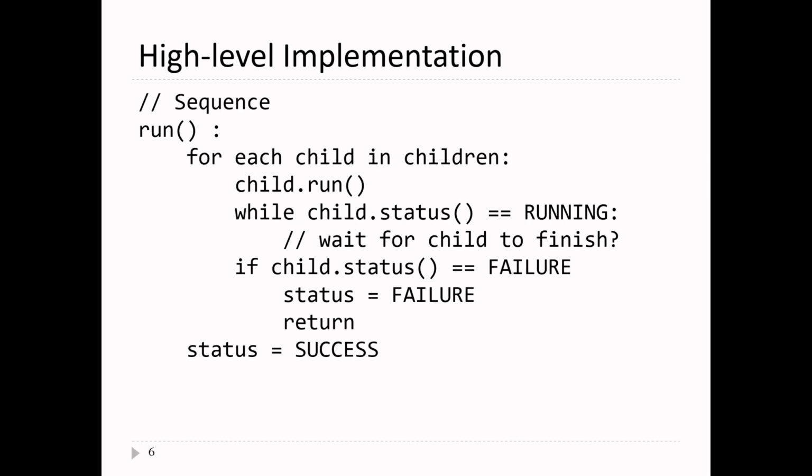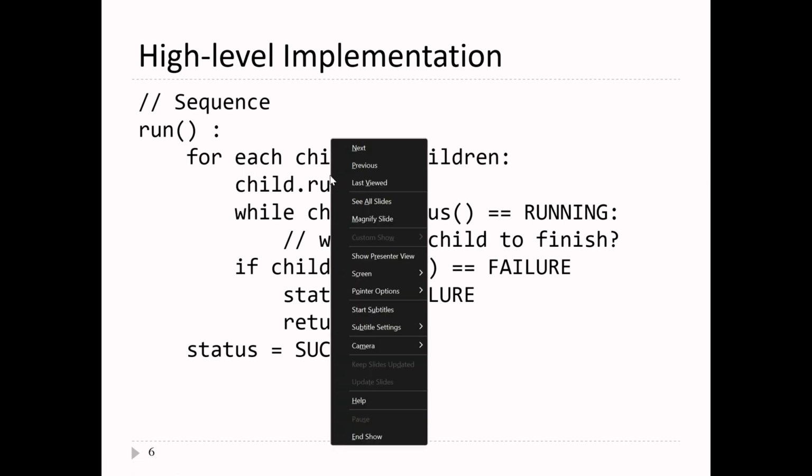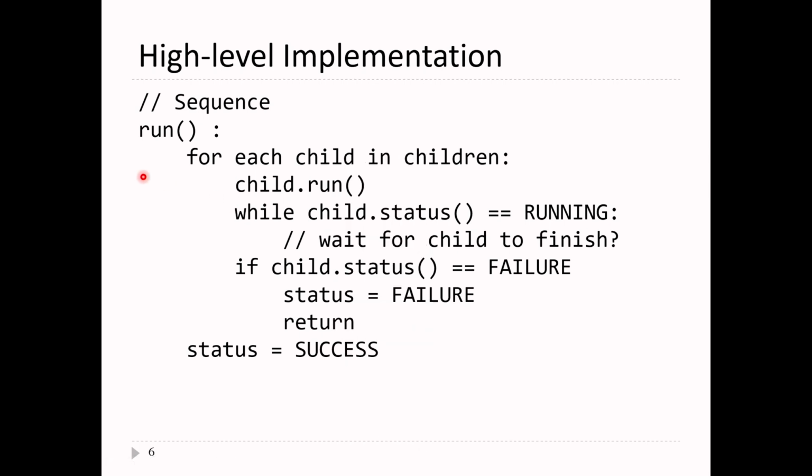Selectors and sequences, basically the code's the same. Remember, a sequence task runs all of its child tasks in order, until it has run them all. If one fails, then the sequence is considered to fail. So again, for each child in the children, run each child task. Let's assume the child task finishes immediately, so we now check its status.